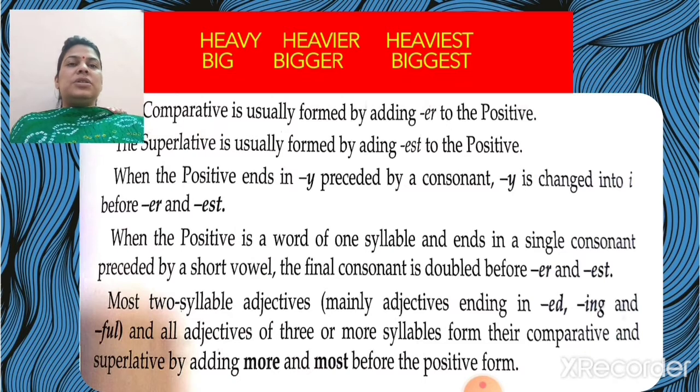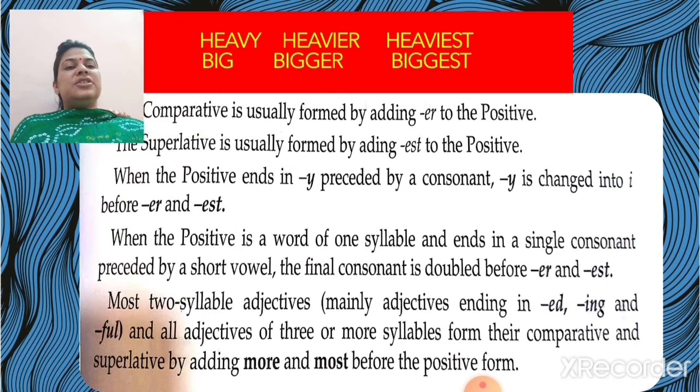So we double the last consonant, BIGG, then add ER, BIGG, then add EST. So big, bigger, biggest.